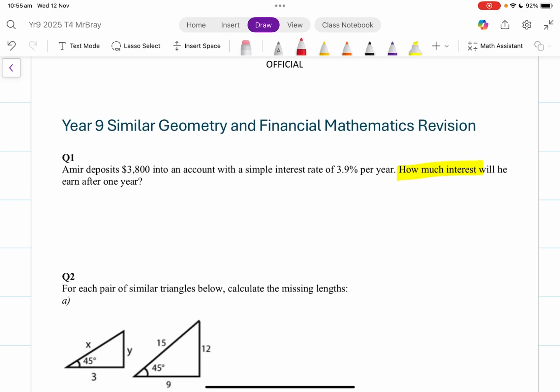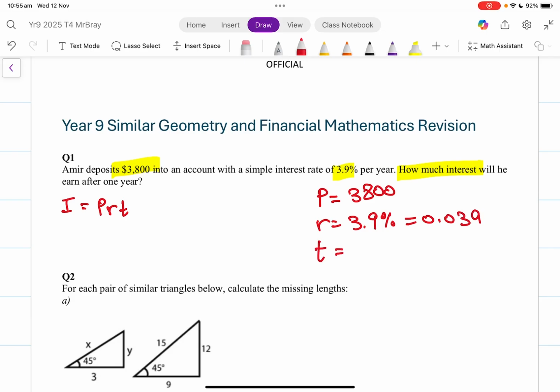That cues me that I need to use the I equals PRT formula, which means I need to find my principal, which I can see is 3,800. I need my rate, which is 3.9%, which most of us are going to be converting to 0.039.